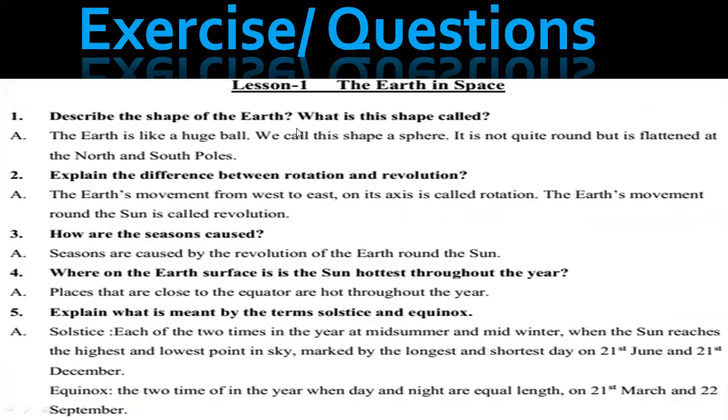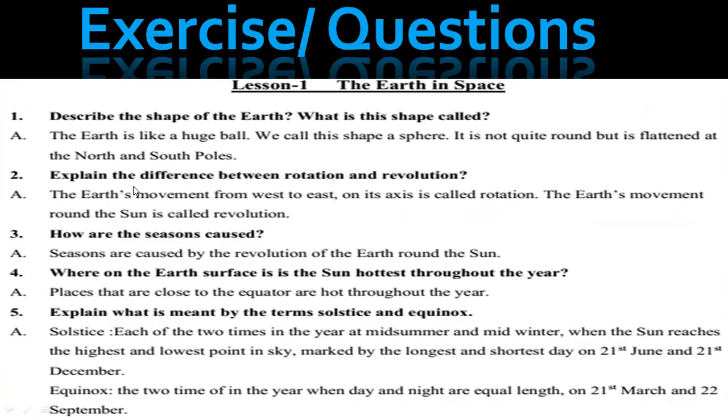Describe the shape of the earth. What is this shape called? As I earlier mentioned, just see the answer. The earth is like a huge ball. We call this shape a sphere. It is not quite round, but it is flattened at the north and south poles.